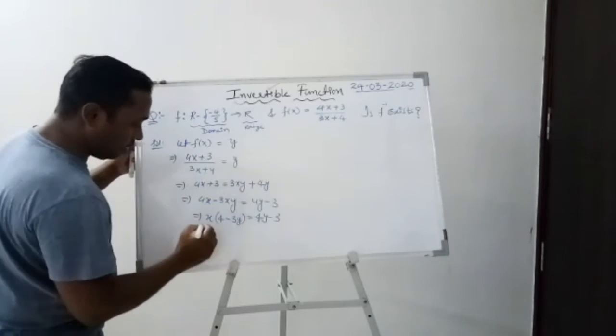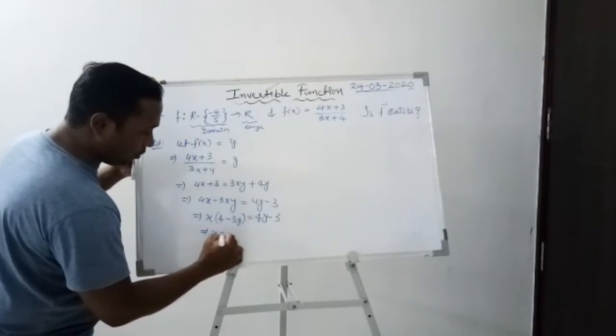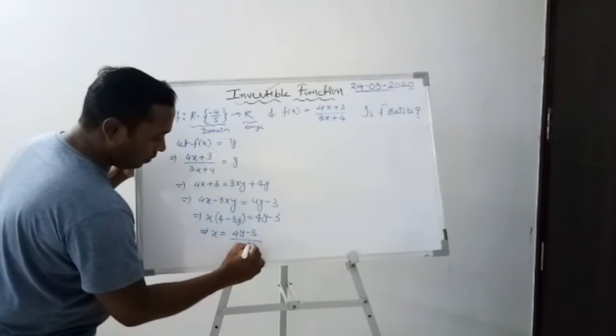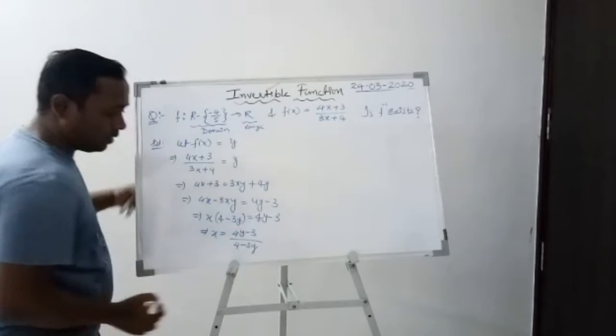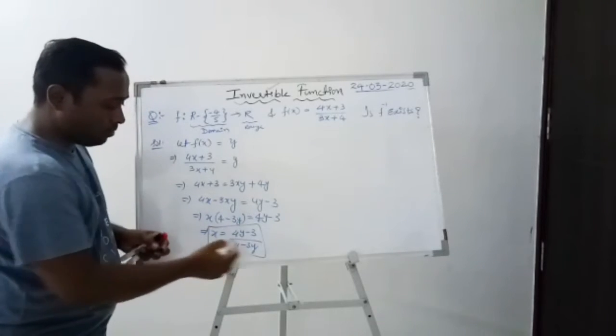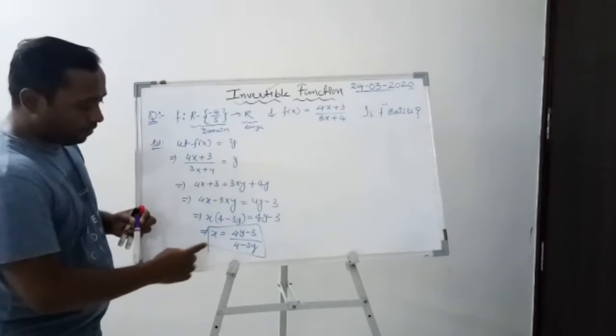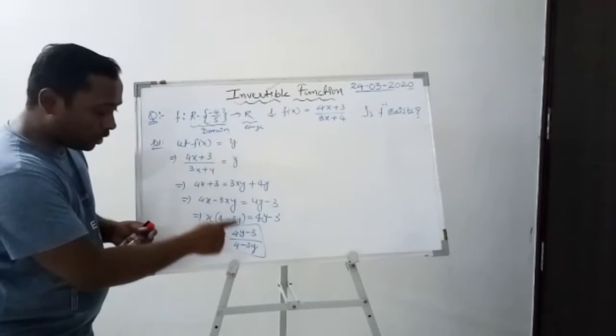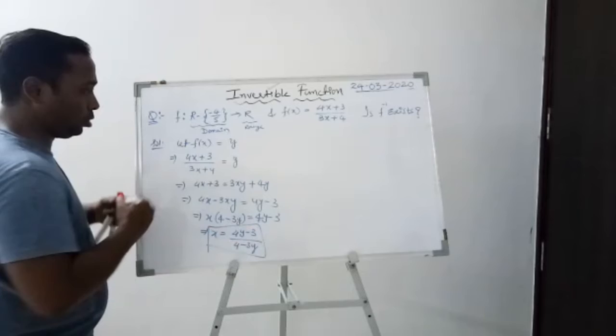Hence x is equal to 4y minus 3 by 4 minus 3y. So this is what we got, the function x in terms of y, which we define as the g of y function. We are assuming this is the g of y function.